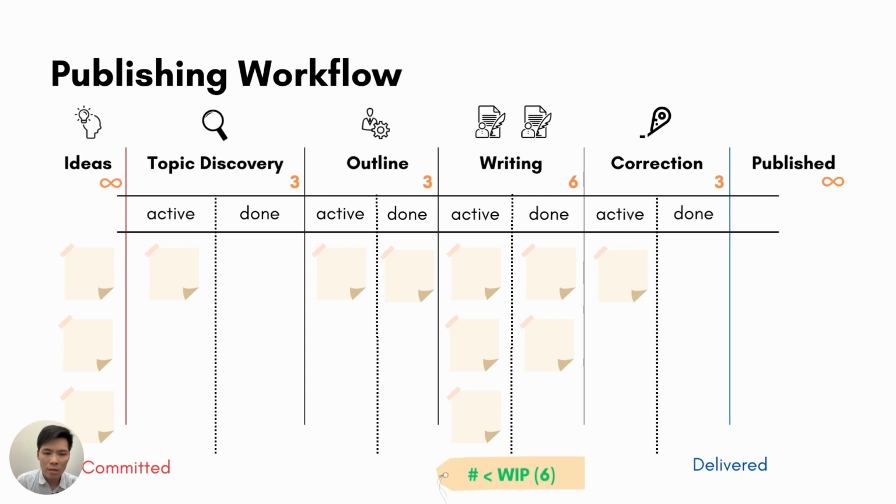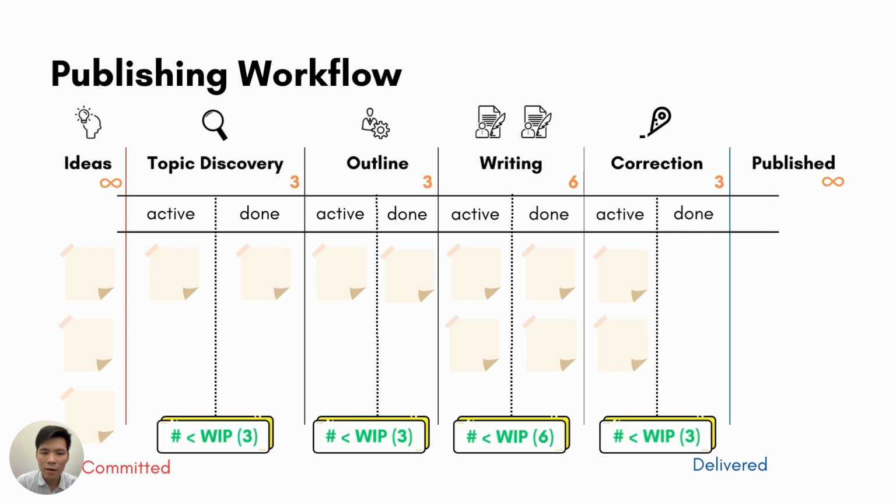Once the total amount of items in writing mode is less than the WIP limit, it can pull a done item from the previous mode. In the Kanban board, we use WIP not only to limit the maximum load but also as a signal to tell you, hey, you could pull another item from the previous mode. It triggers a ripple effect, because as there is capacity for other items to come in, it signals each phase to check for doable items from right to left.